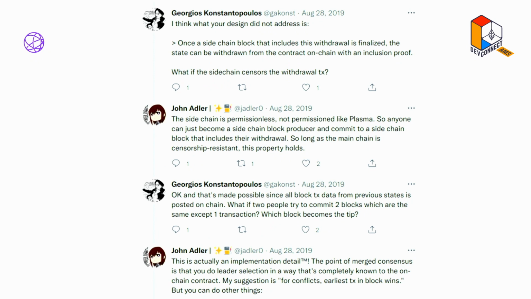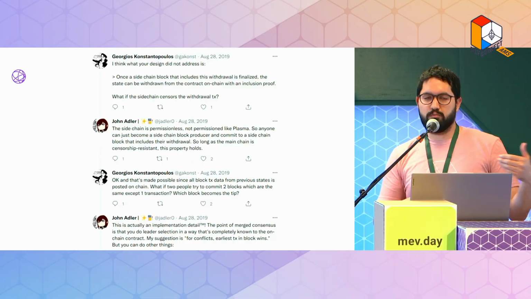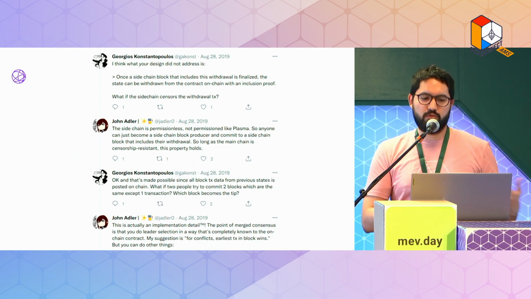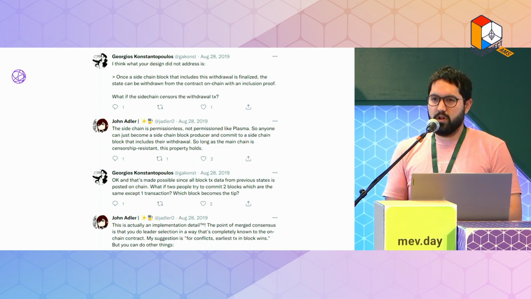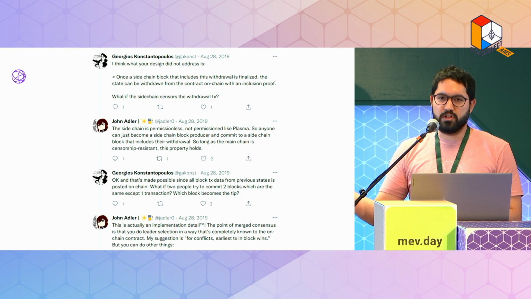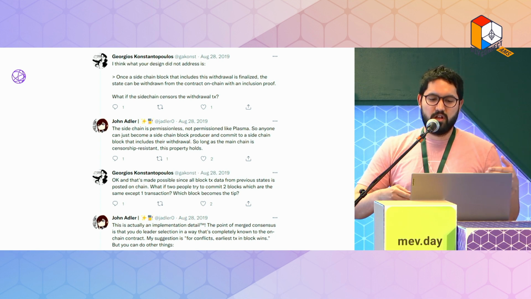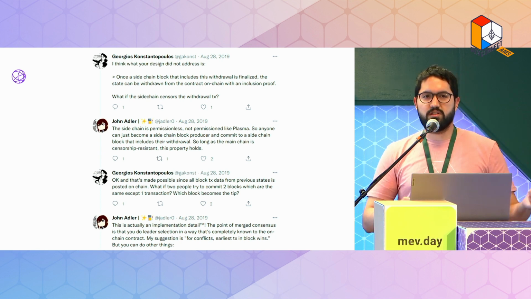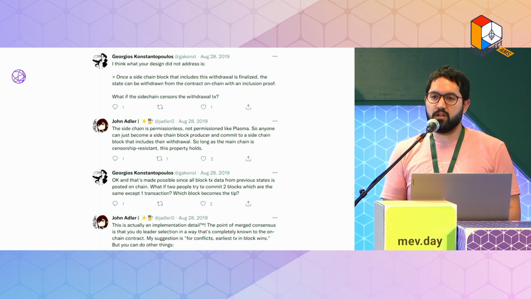A lot of the classical thinking around Plasma researchers at the time was around things like exits, and you have a single permissioned leader or sequencer, if you want to call it that, and so on. One of the primary innovations of this design technique, now known as optimistic rollups, is that producing a block must be permissionless. And it's not sufficient to simply say, okay, I can force an exit through something, I don't know, an inbox or something.